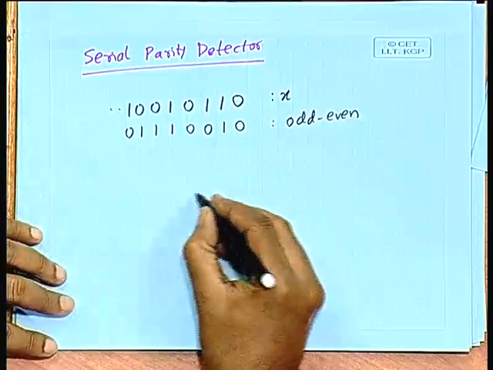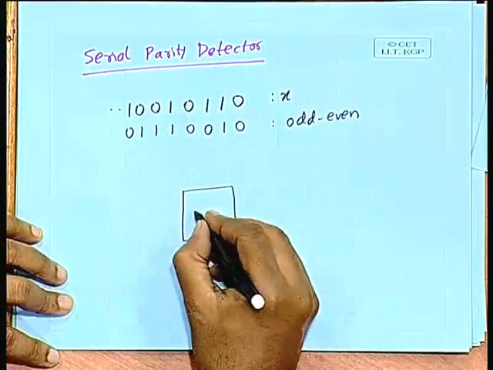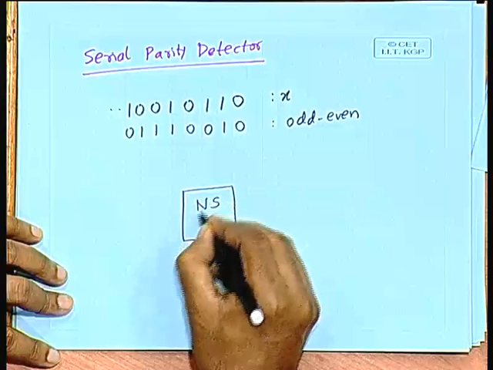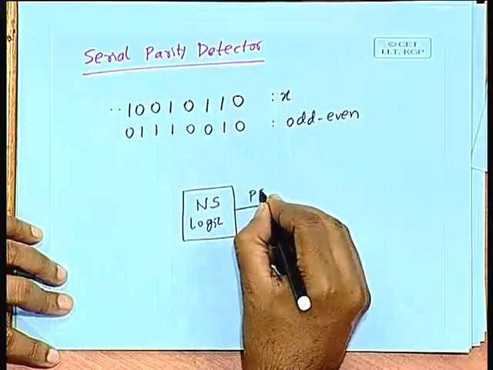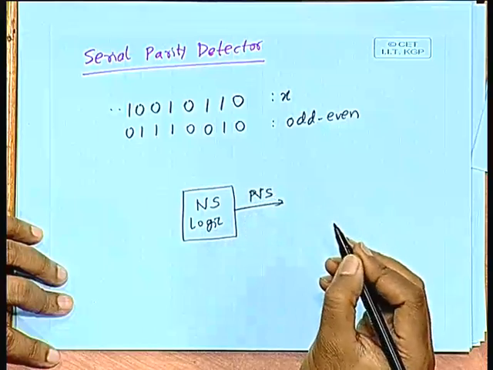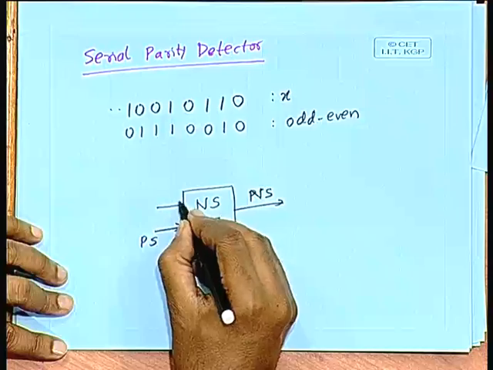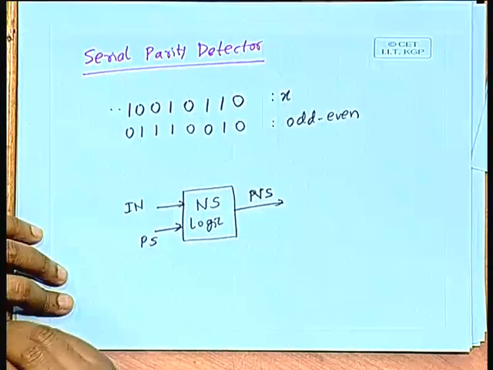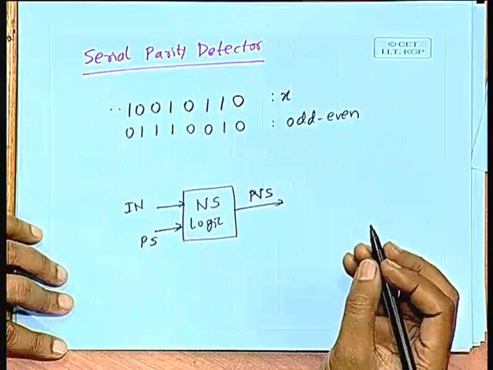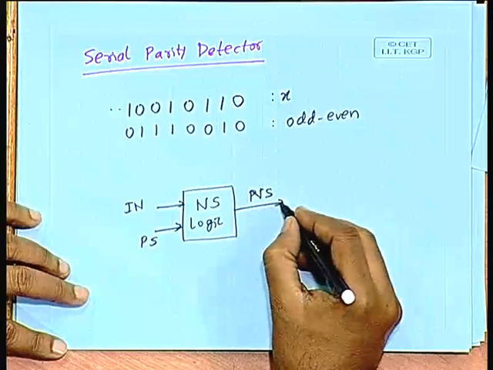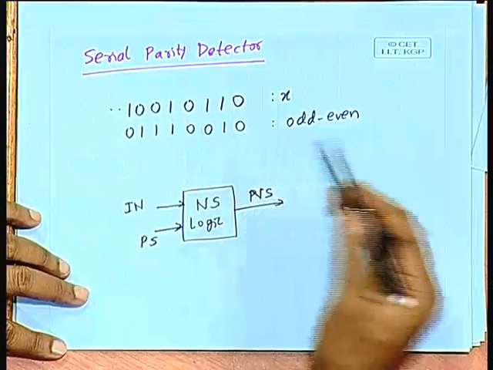Now, you look at the model of the Moore machine again. There is a next state logic. The next state logic generates the next state in response to the present state and the present input. But in this example, from the present state you can directly derive the output.